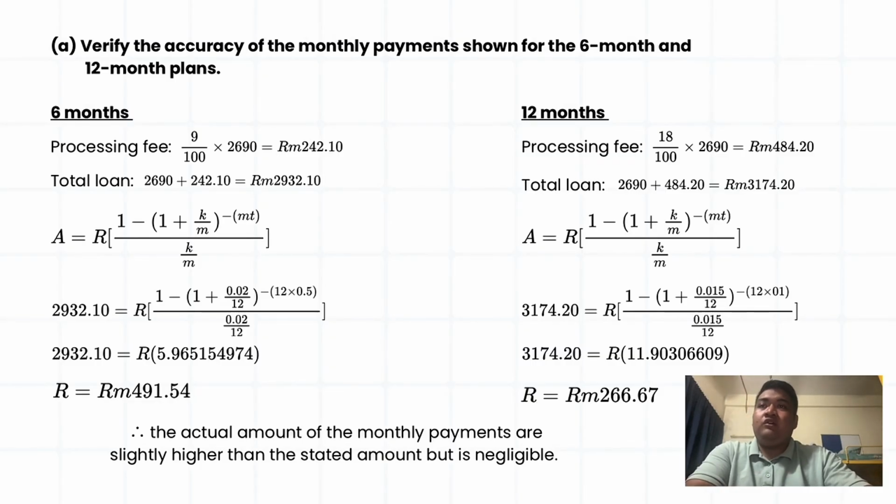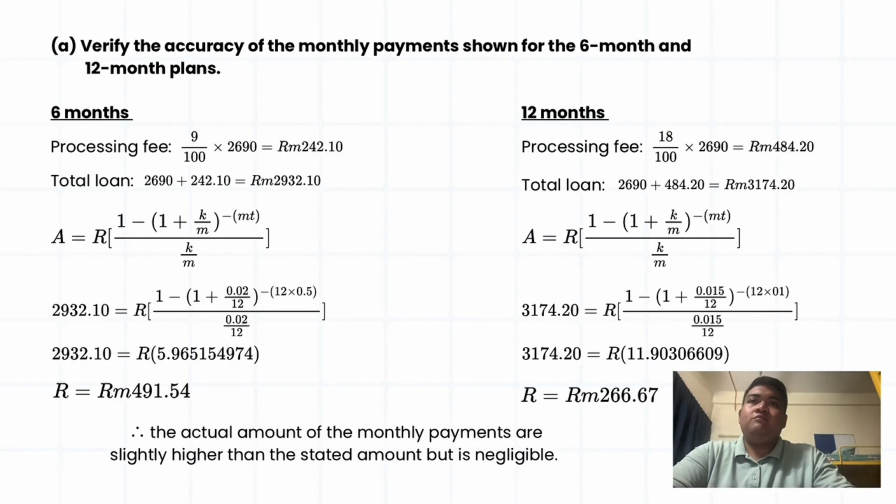Because it is a loan, we need to use the stated formula. After we substitute all the information into the formula, we get the answer R equals 491 ringgit and 54 cents. For the 12-month plan, we know the processing fee is 18% based on the original price of the laptop.